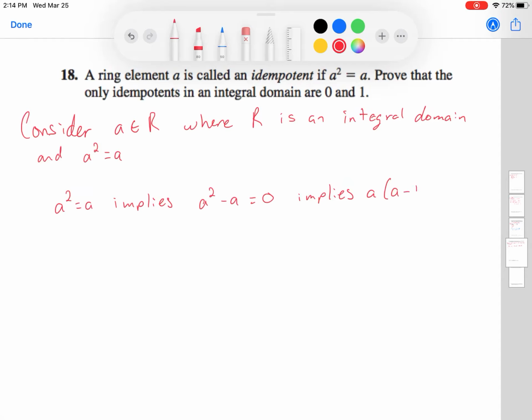Now this implies that A times (A minus 1) equals 0. Since we're in an integral domain, either A equals 0 or A minus 1 equals 0.